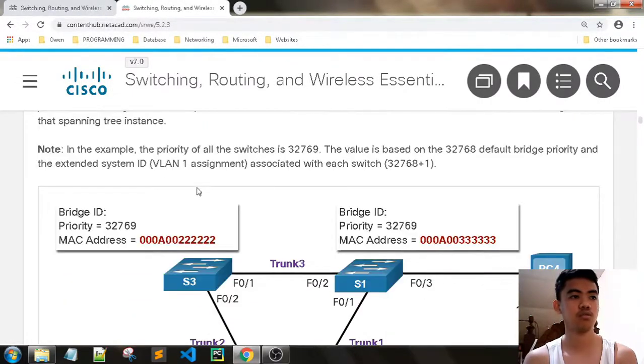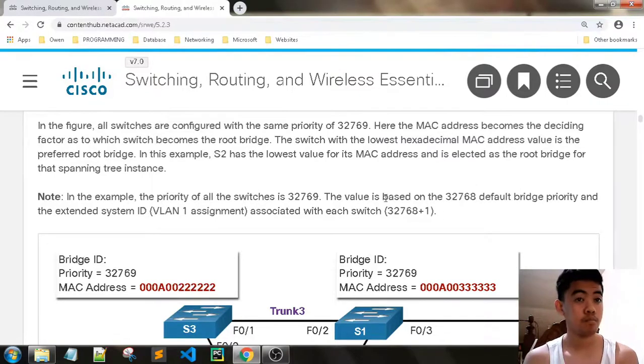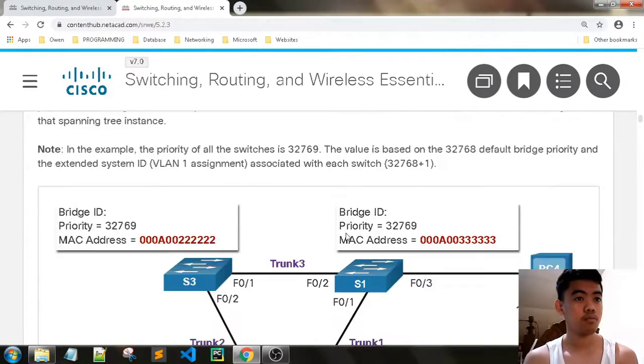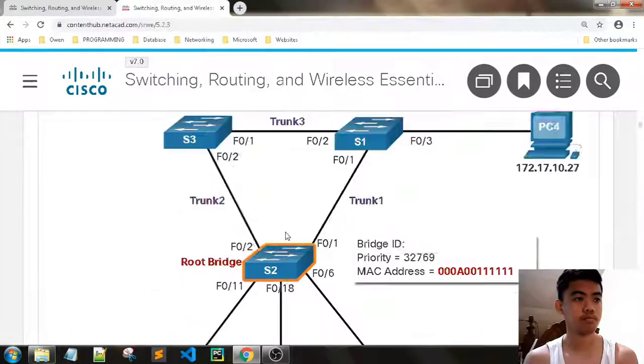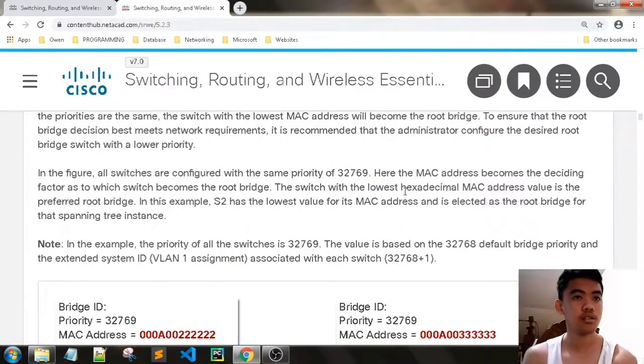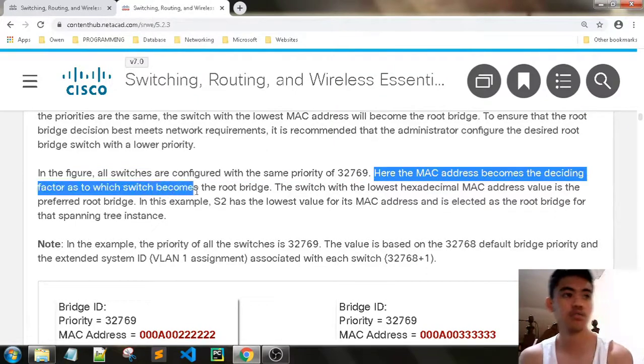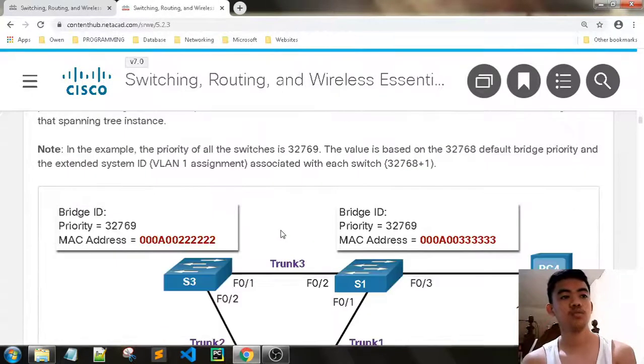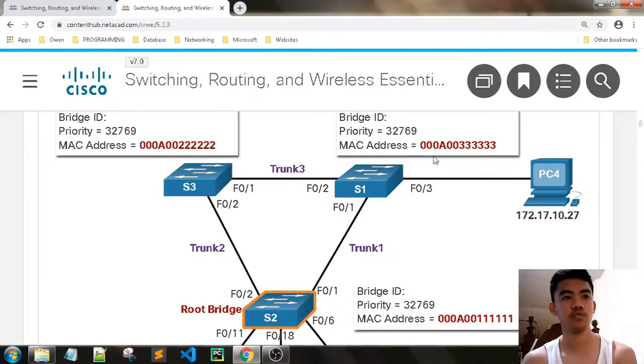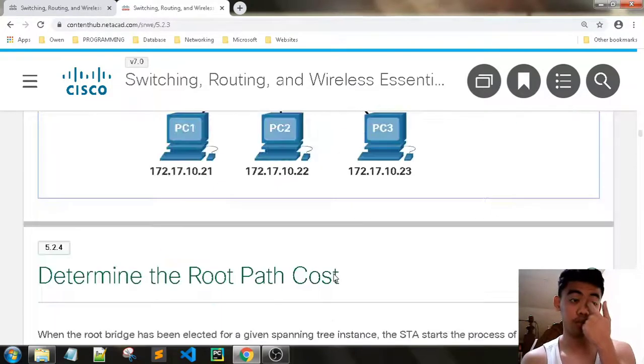It is through the MAC address. Here the MAC address becomes the deciding factor as to which becomes the root bridge. As you can see, we have three MAC addresses, and the MAC address of S2 has the lowest value, so it is selected as the root bridge.